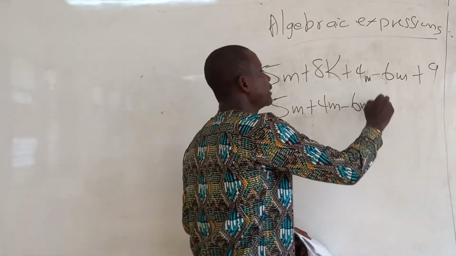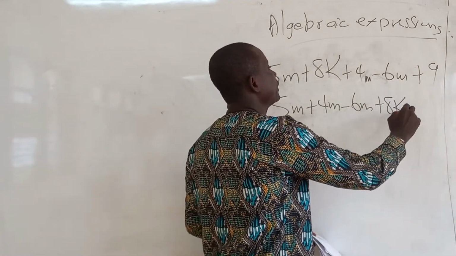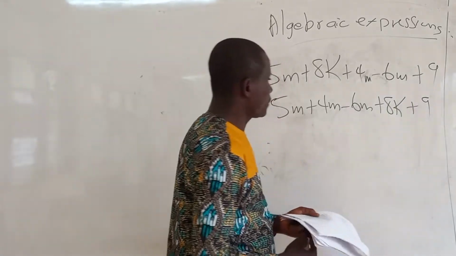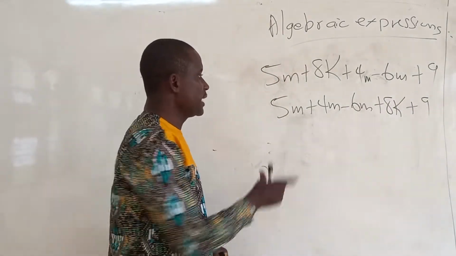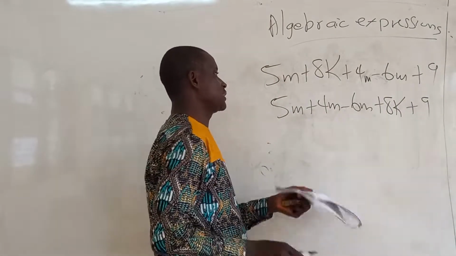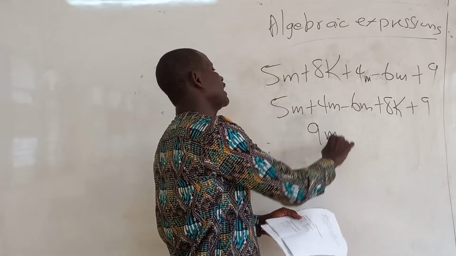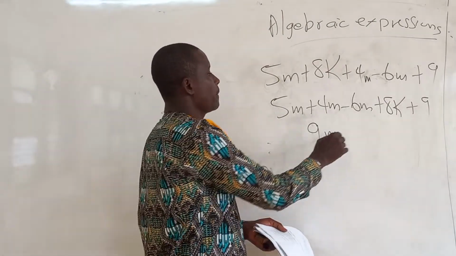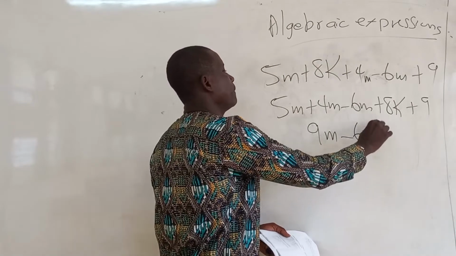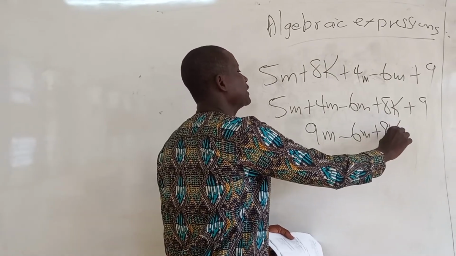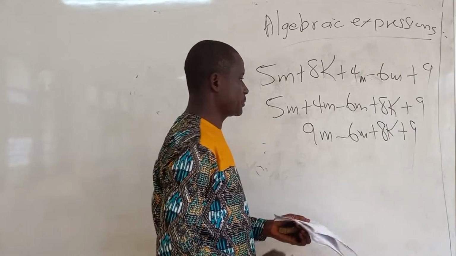Then you come to the 8k plus 9. So 5m and 4m will give you 9m, minus 6m, plus 8k plus 9.